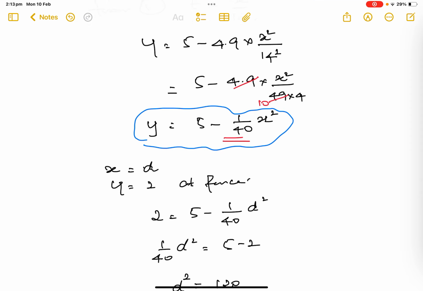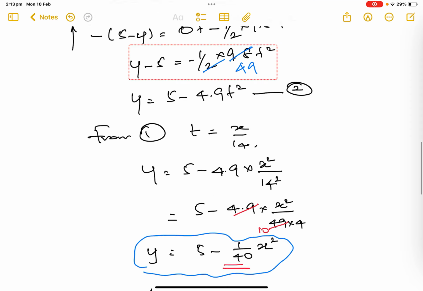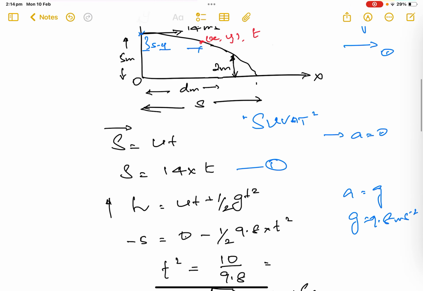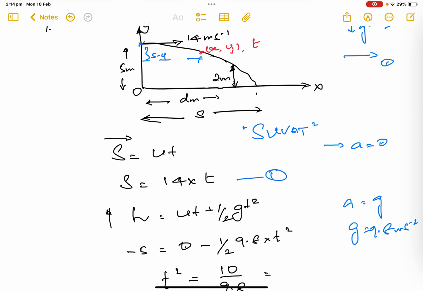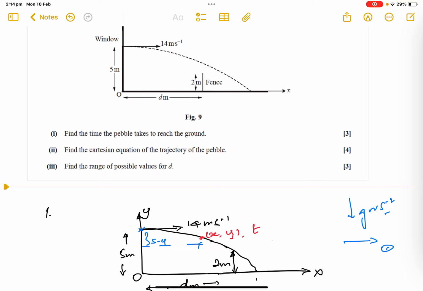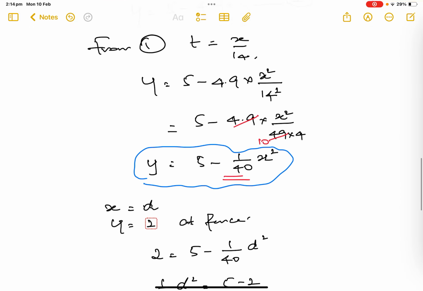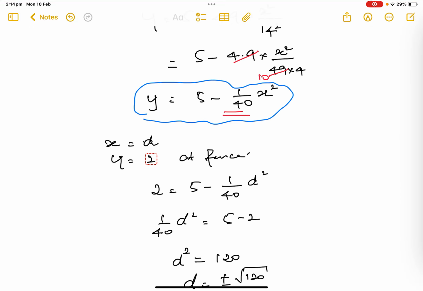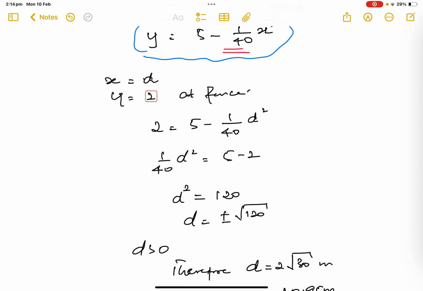So when x equals d, y equals 2 meters, because at distance d the pebble is just touching the top of the fence. Of course the given diagram doesn't show that. So x equals d, y equals 2. Substituting those values, 2 equals 5 minus 1 over 40 d squared.